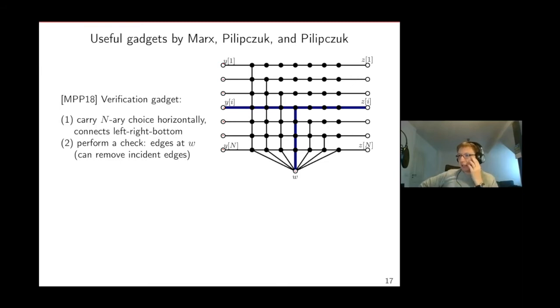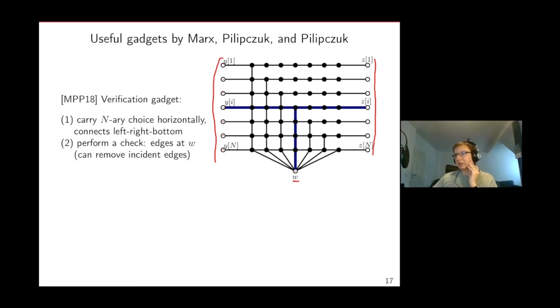So what I mean by that is that if you want to connect one of these left vertices to one of these right-hand side vertices and also to W, then the minimum way to do that is to pick a horizontal line and this T shape, so the latest vertical line from that.